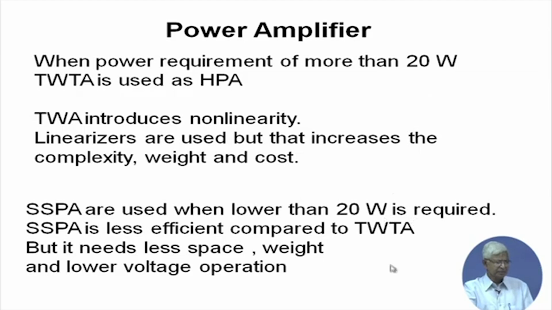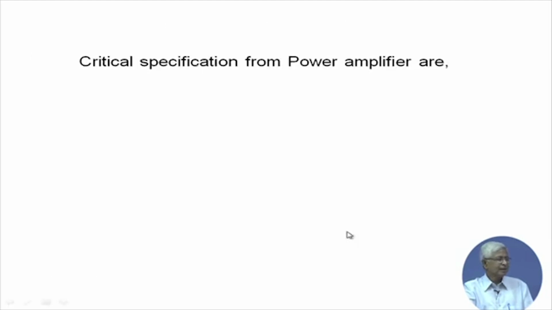These are all typical numbers. There may be 40 watt solid state amplifiers available nowadays. SSPAs are less efficient than the TWTA in conversion efficiency from DC to RF, but they need less space and weight and lower voltage operation. So, for lower power operation, SSPAs are preferred nowadays.